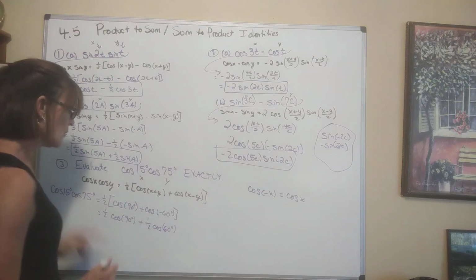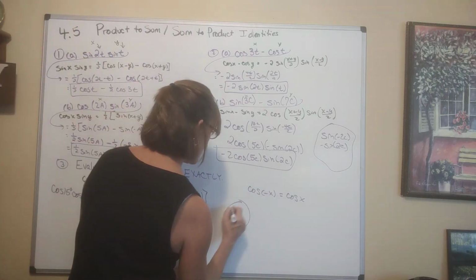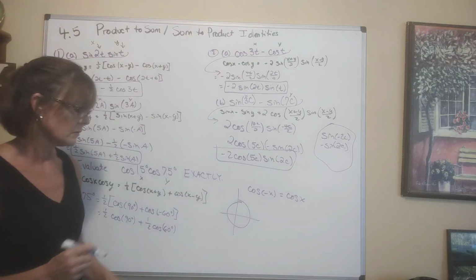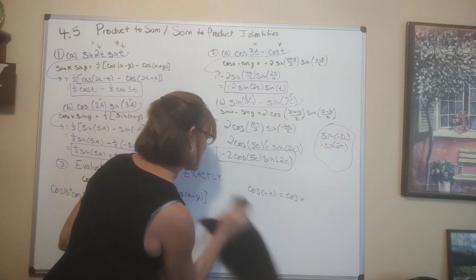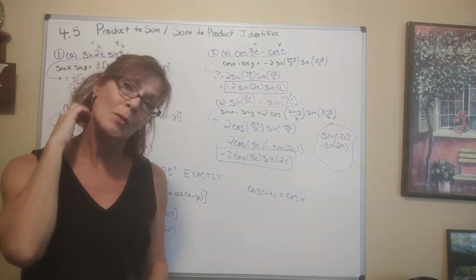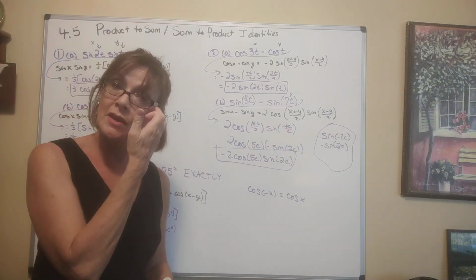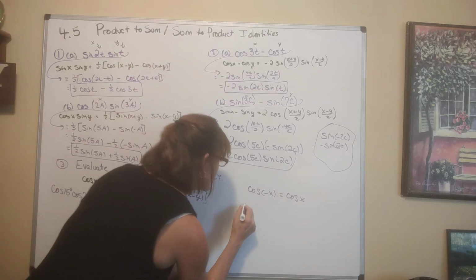And I do. So I have to come up with the exact answer, so I'm going to pull out my unit circle. Get your unit circle ready for this, and for the next videos when we get into 5.1 and inverse trig functions. So have it handy. Here's my unit circle.